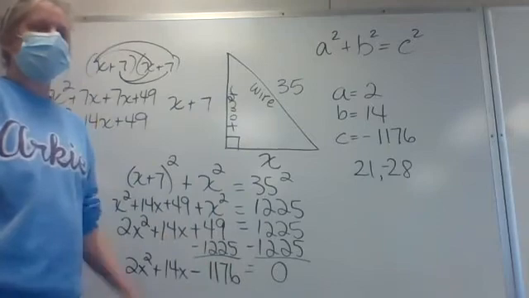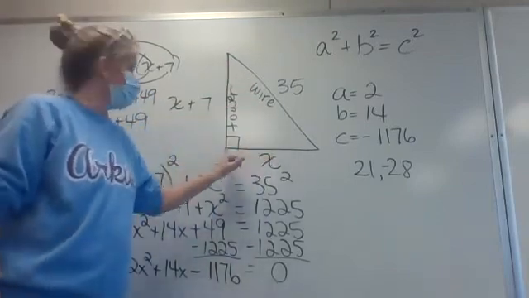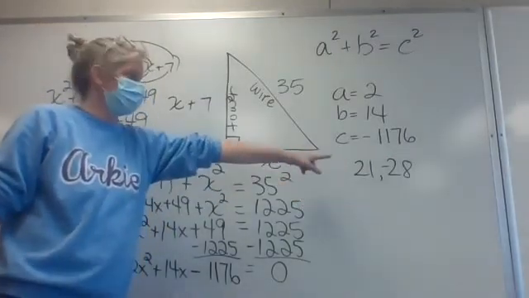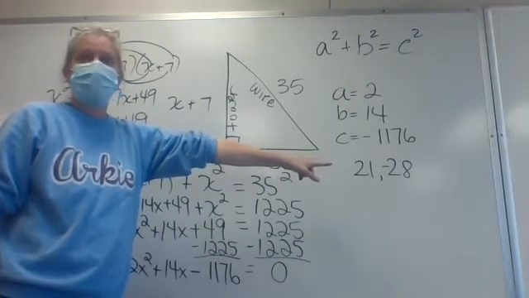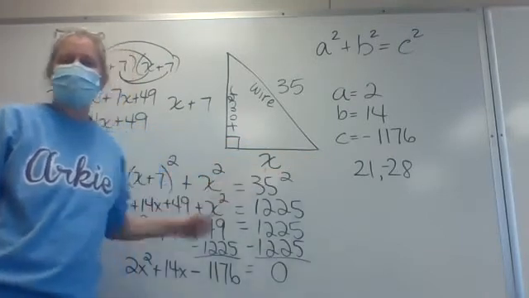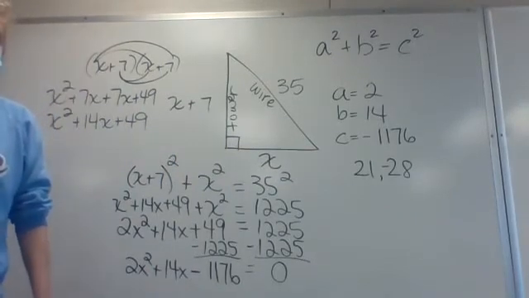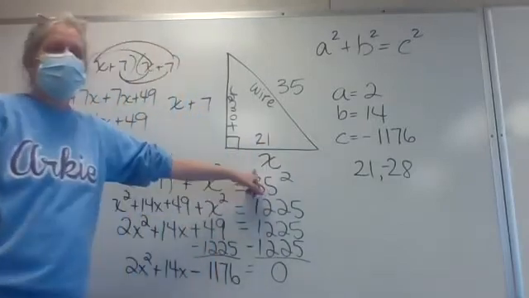What is x representing up in this picture? The length from the base of the tower to the end of the wire. Which one doesn't make sense here? Because of the negative, right? That negative 28. You're talking about the distance of something. It's not going to be negative feet. So this side is 21.